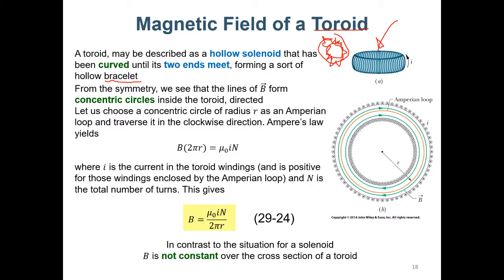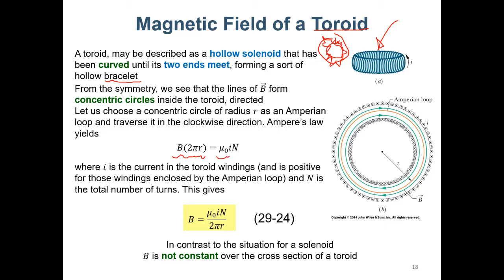So actually, we can also use Ampere's law to find the magnetic field inside the toroid. Similarly, on the left side we have B times 2πr, where r is from the center to the Ampere's loop, the radius of this Ampere's loop.